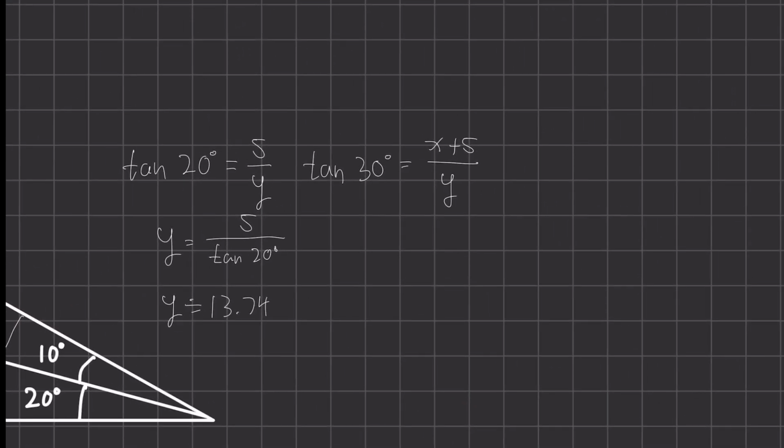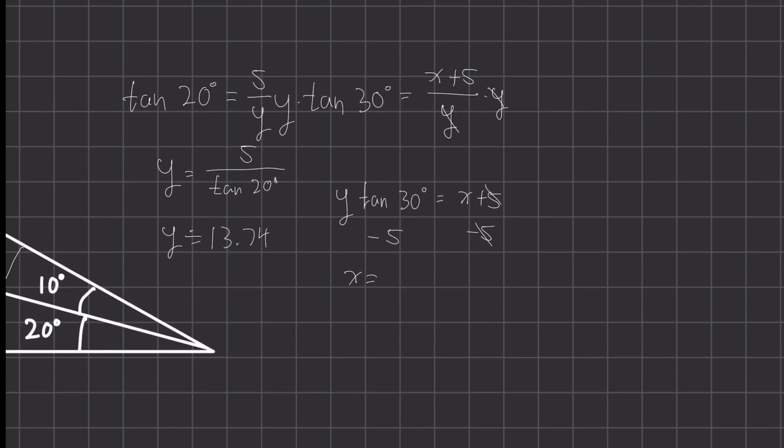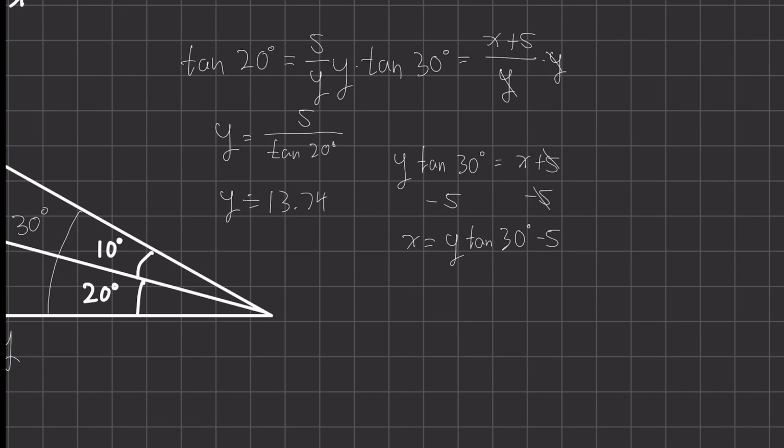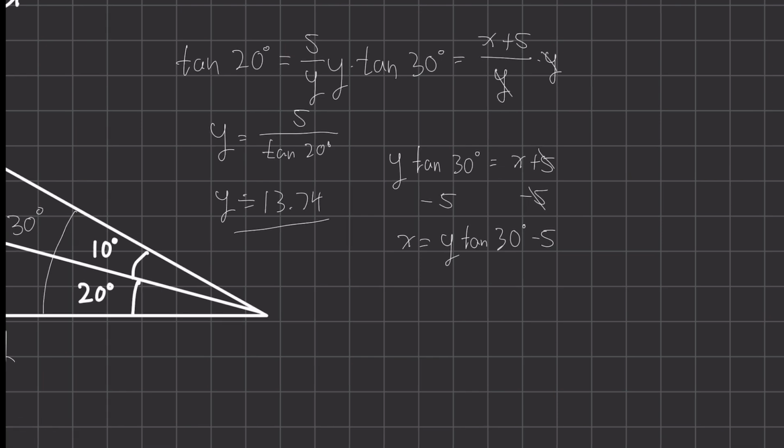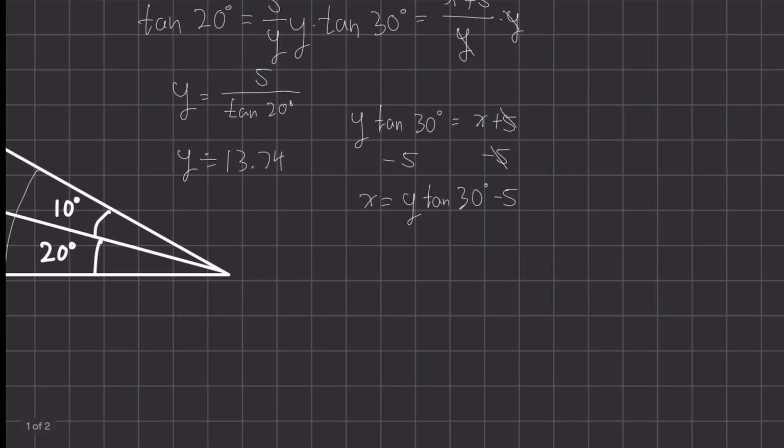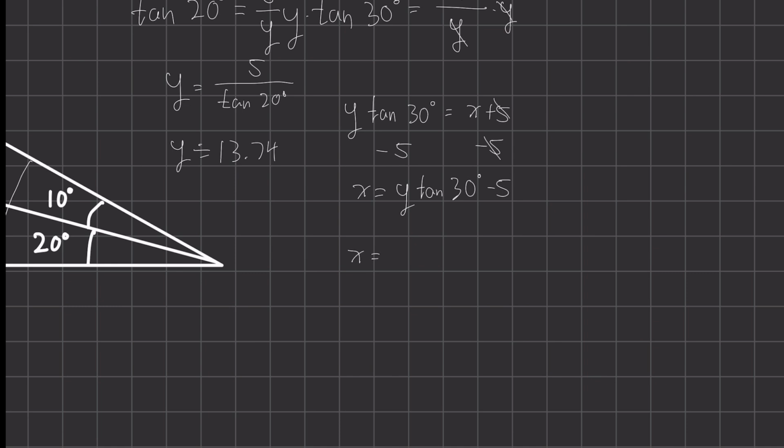Multiplying both sides by y, these two cancel out and we get y tangent 30 is equal to x plus 5. From here, we just subtract 5 from both sides and we get x is equal to y tangent 30 minus 5. Earlier, we found that y is equal to 13.74, which means we can just sub in that number for y in this equation.